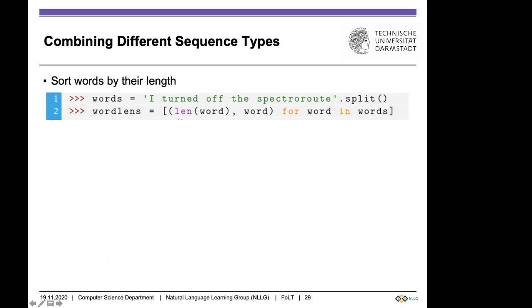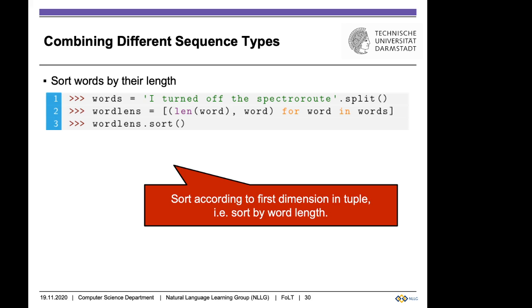Now let's see another example of combining tuples and lists. First, we transform a string into a list of words, and then we iterate over every word to get the word itself and the number of characters. Then we use the sort function to get a new list of words in ascending order.